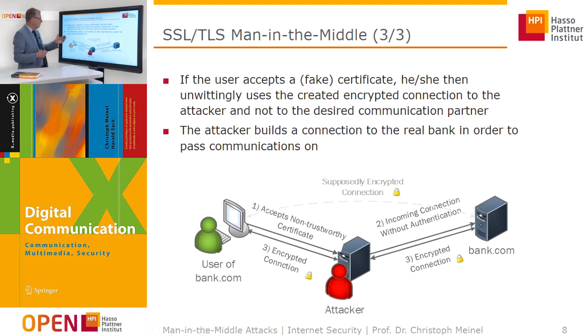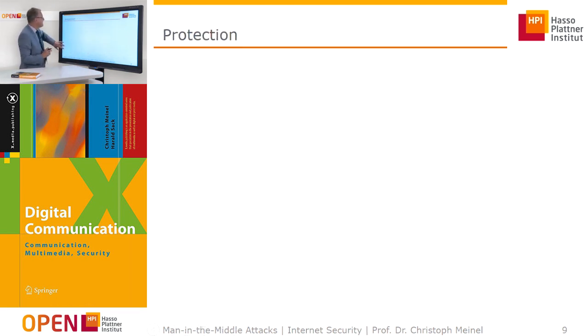And now all that the user is doing can be controlled, can be considered, can be manipulated by the attacker. To remain undetected, the attacker communicates with the bank and forwards some messages, forwards the fake message, so that in the end the user has a feeling that he or she communicates directly with the bank. So the attacker is in the middle.